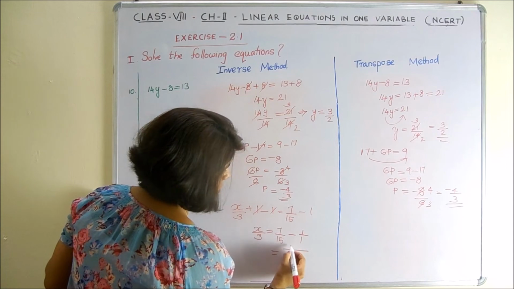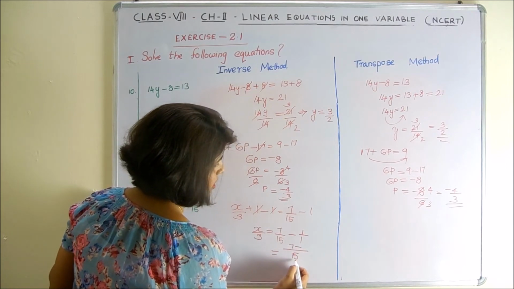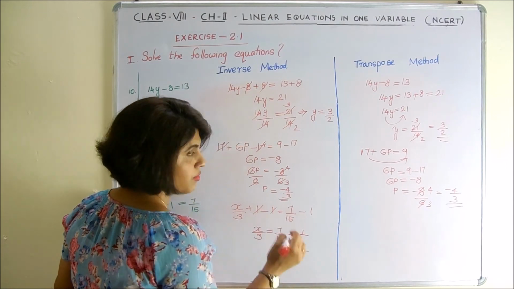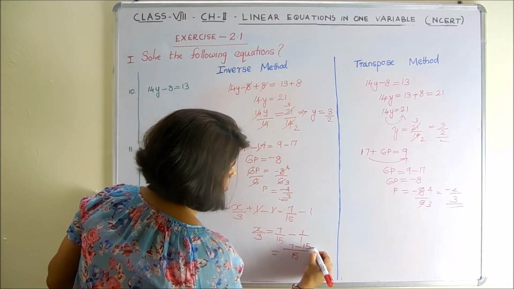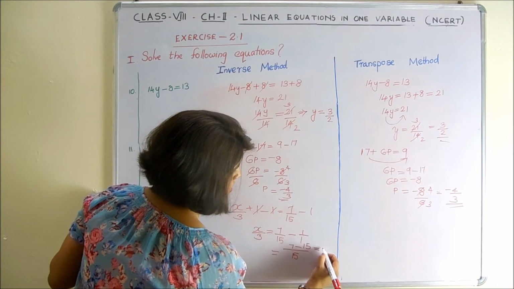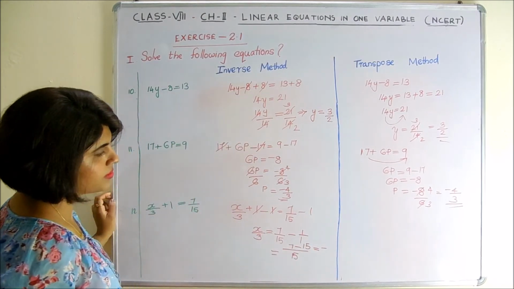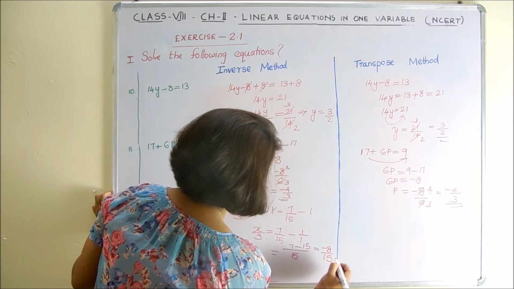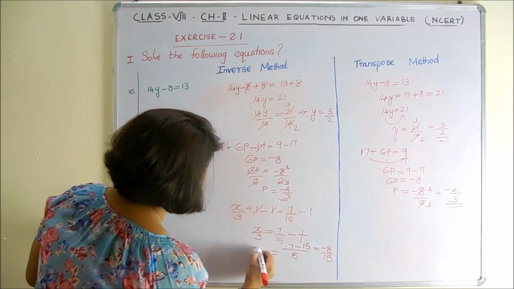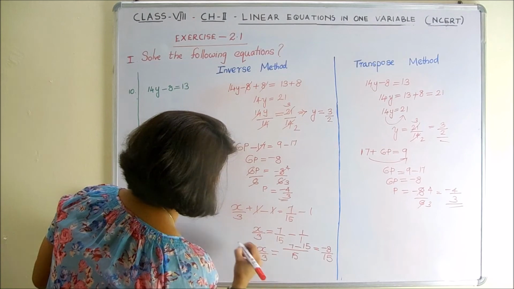So 1 into 7 is 7 minus 1 goes in 15 times. So 15 into 1 is 15. So the answer is minus 8 divided by 15. Right? So this is x by 3.